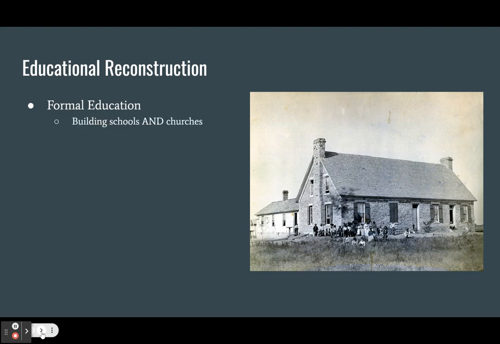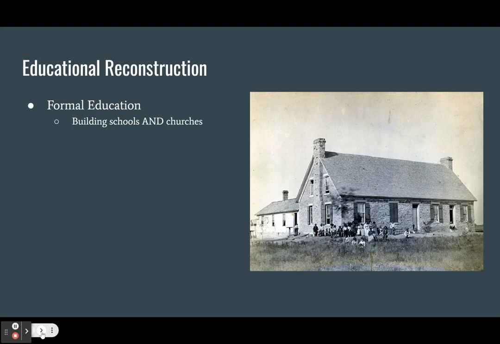And so when we talk about what these missionaries do, missionaries come in and they build both schools and churches. And so when we talk about church attendance, you're not going to have a whole lot, right? But you are going to have schools that are packed. And it's boys and girls that are going to school.